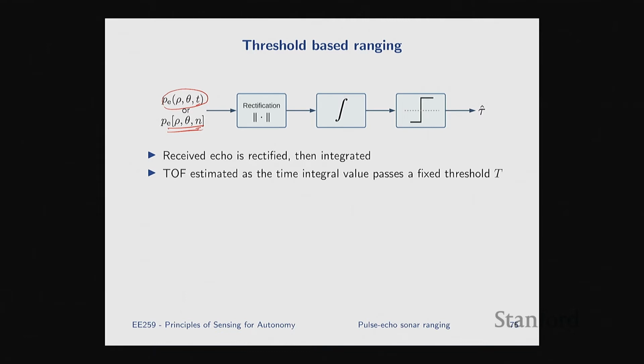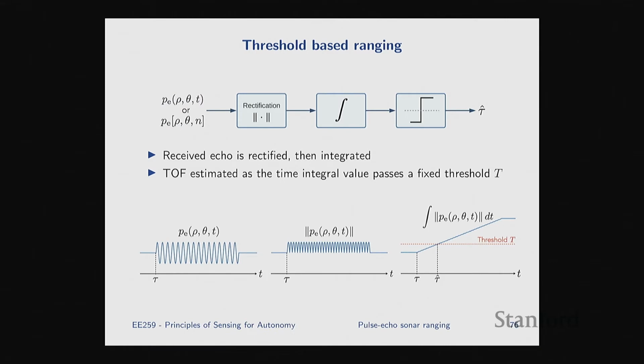In threshold-based ranging, first you rectify it, basically take the absolute value. Then you integrate that rectified waveform, and you monitor the output of your integrator. As soon as it crosses a set threshold, you say that's your detection, and you check the time at which your integrator output crosses the threshold, and you declare that as your round-trip time of flight.